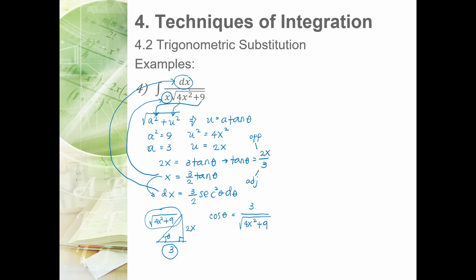Since we're trying to replace the square root of 4x squared plus 9, we isolate it. So the square root of 4x squared plus 9 is equal to 3 all over cosine theta, or this can also be represented as 3 secant theta.